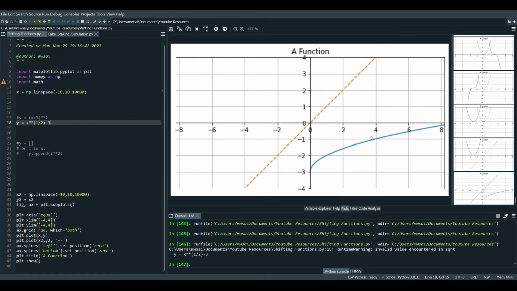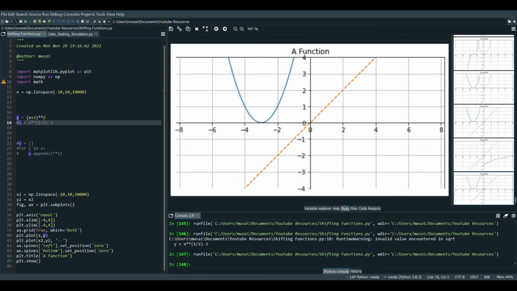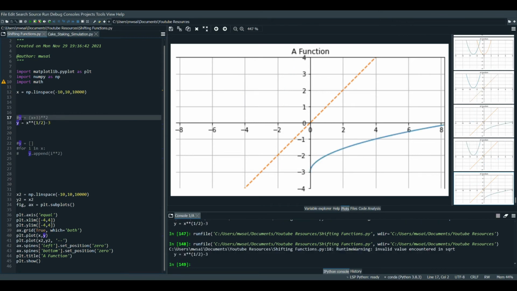So it just graphs the top half. But now we can switch between these. So this was the original one, and you can see it's mirrored across this dotted line, y equals x.